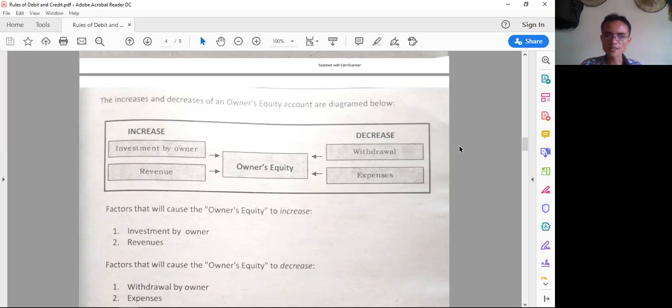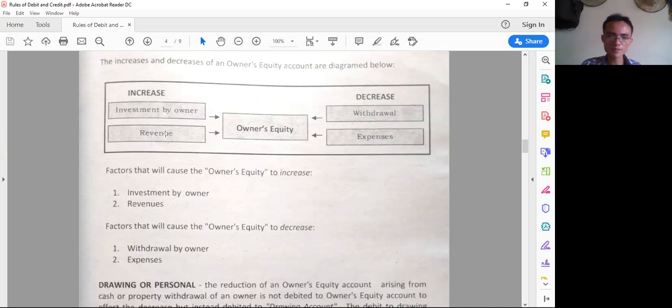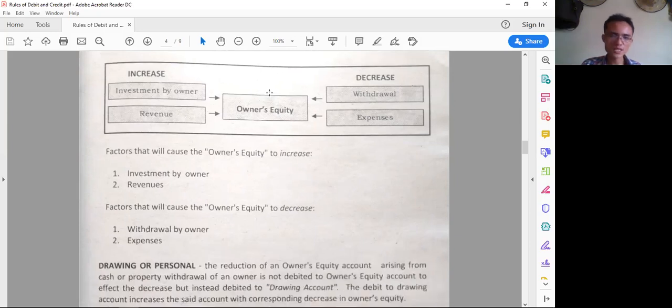So that's why the expenses would be minus. But these are, by the way, necessary outflows of benefits. Okay, so this is a plus, a minus, and a minus. Take note that these two would increase owner's equity and these two would decrease owner's equity.